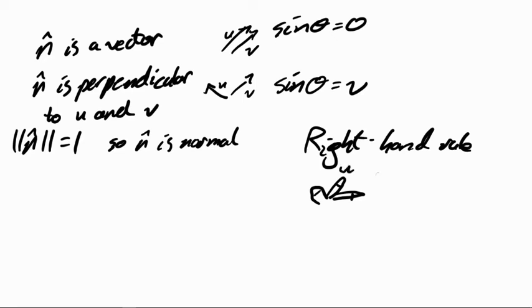So you line them up. So that's u, that's v. And then your thumb will go off in a very natural sort of direction. You might have to wriggle it around a bit to get it at 90 degrees to both, but then that's the direction of n hat. And that's how you can figure it out if you want to.